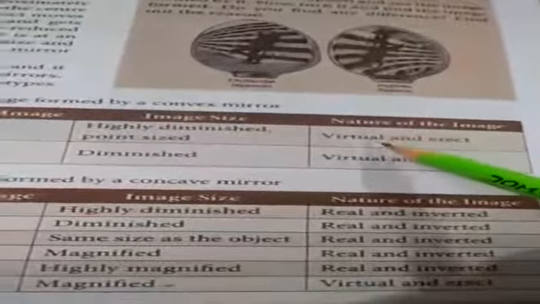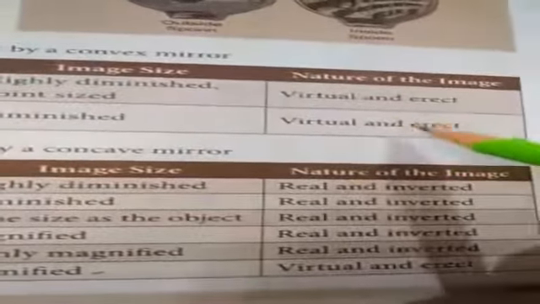The nature of the image will be virtual and erect. For the position of the object between infinity and the pole P, the image will be formed between P and F. The image size will be diminished and the nature of the image will be virtual and erect.